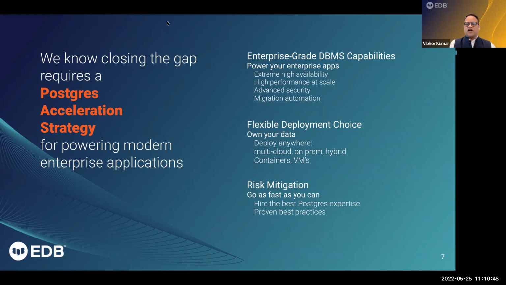And when we talk about risk mitigation, you want to go as fast as you can without any issues or downtime. We have experts who can help you, and we can define best practices so that you can go fast with the deployment of Postgres and using it in the application.